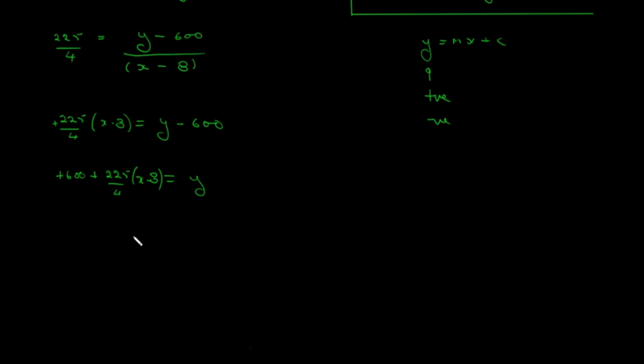600 doesn't change, plus everything in the bracket is multiplied by that. So we have 225 over 4 times x, so it is 225 over 4x. That's that part there. There's a minus there, so we put minus 225 over 4 times the 8. Now that 4 would go into 8 twice. Twice 225 is 450.